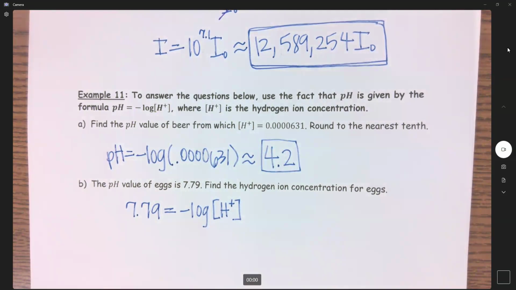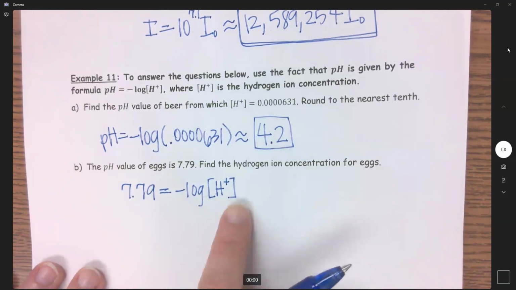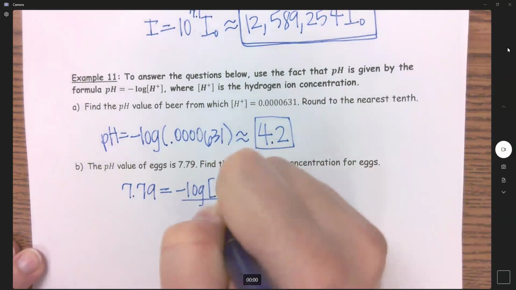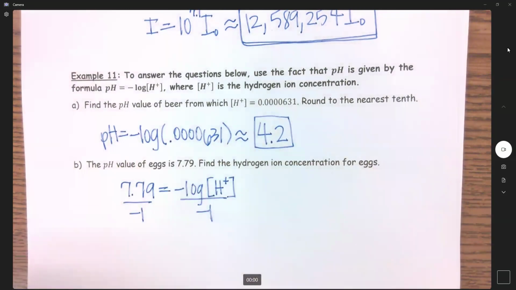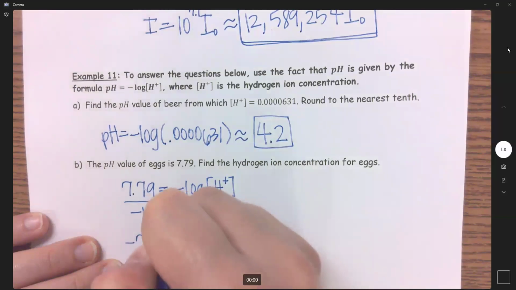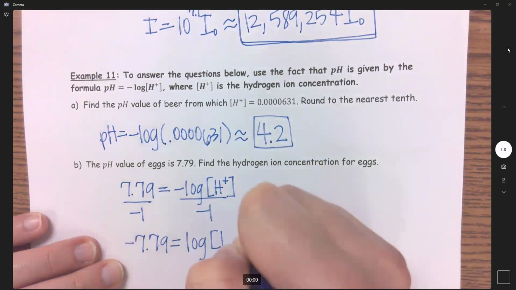Now, before I can rewrite this as an exponential, I first need to have this as a positive log. This is a negative log. So the first thing I need to do is either divide by negative 1 or multiply by negative 1. Either way, we get negative 7.79 equals now a positive log.